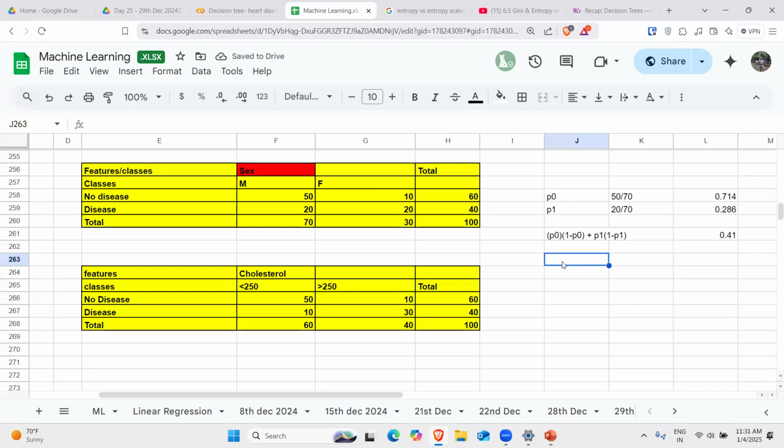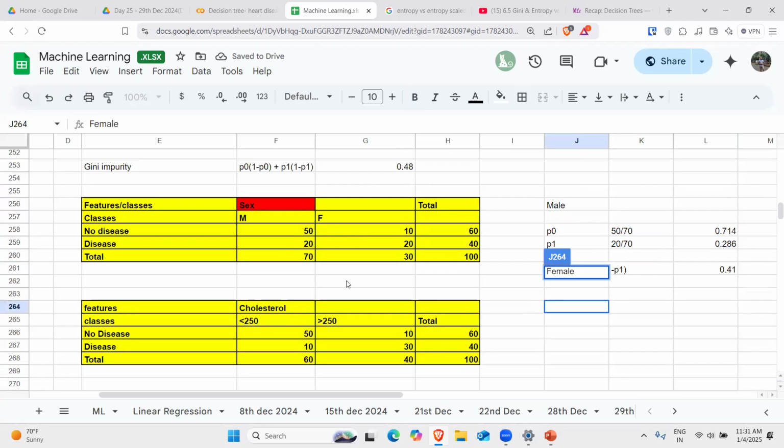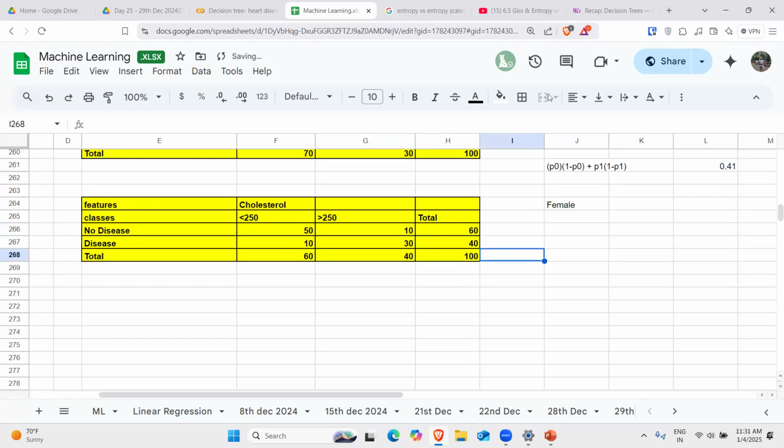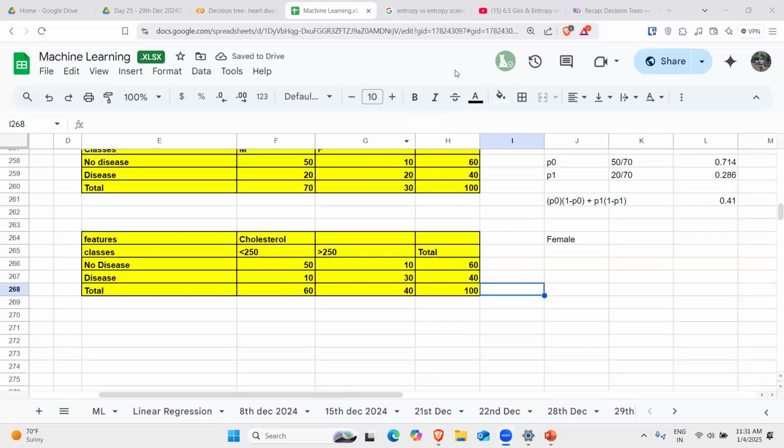Now let's take another case, that is the child node containing females, where there are 30 females, out of which 10 belong to class 0 and 20 belong to class 1, right? Again, we'll find probability. This is male, this is female. Let's take the same case over here.